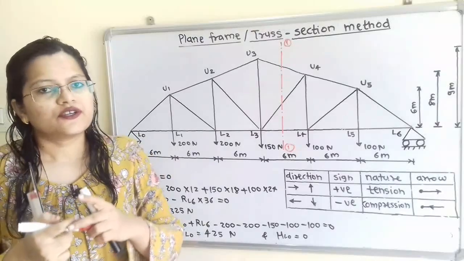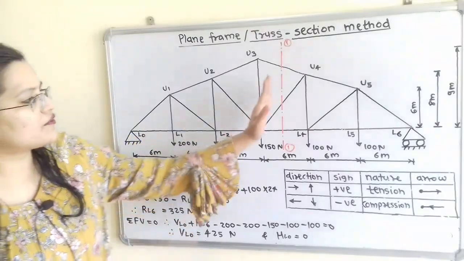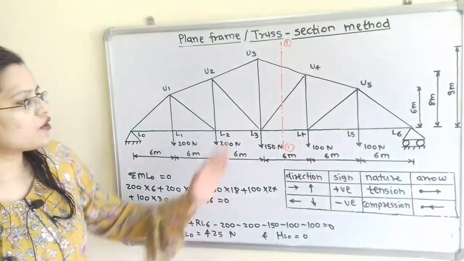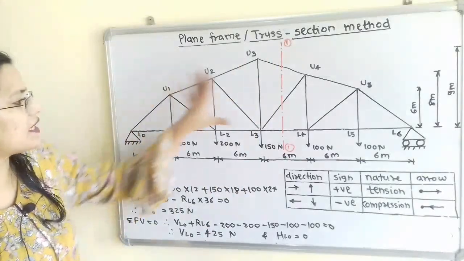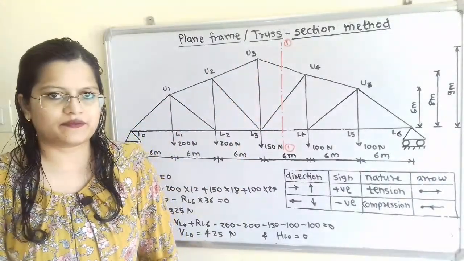Now we can use the equilibrium of any one part. For this question we will choose the equilibrium of the right hand side part, so we have to remove all the left hand side part while using the section method.